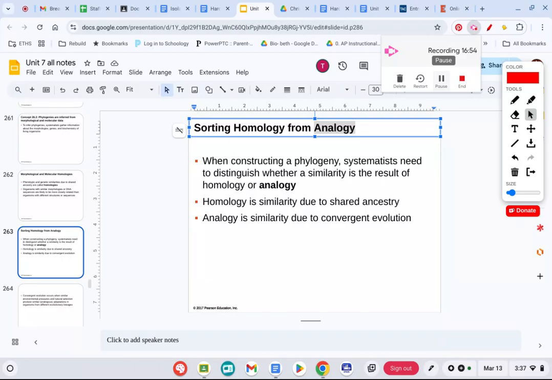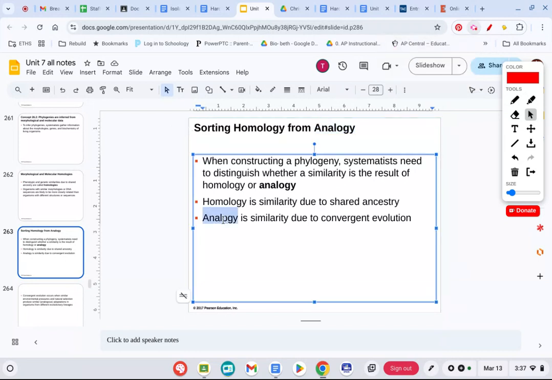They both allow the organism to fly, but they don't really have much in the way of a common ancestor. Okay, so if there's no common ancestor, it's going to be called an analogy. The reason those develop is because of what's called convergent evolution. We talked about how in an environment there's always kind of a best way to deal with it.